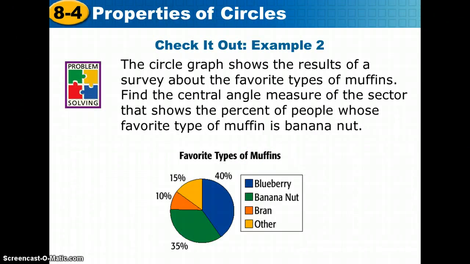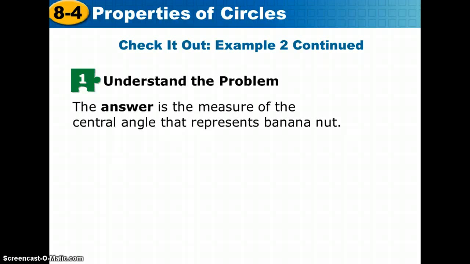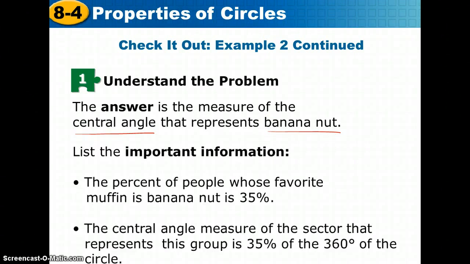All right, let's try it again, but this time our favorite is banana nut. Let's see what our problem is. All right, so we need to find the measure of the central angle for banana nut. We know that 35% of the people, their favorite is banana nut, and we also know that there are 360 degrees in every circle.